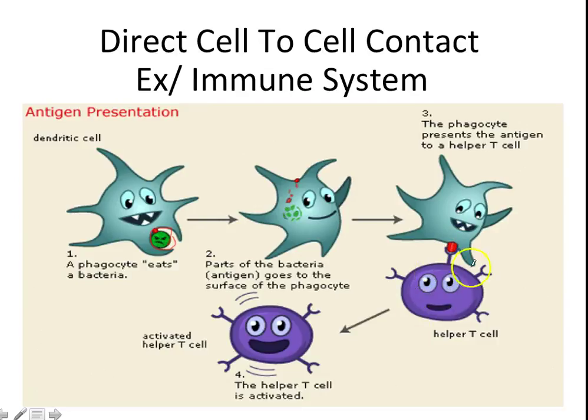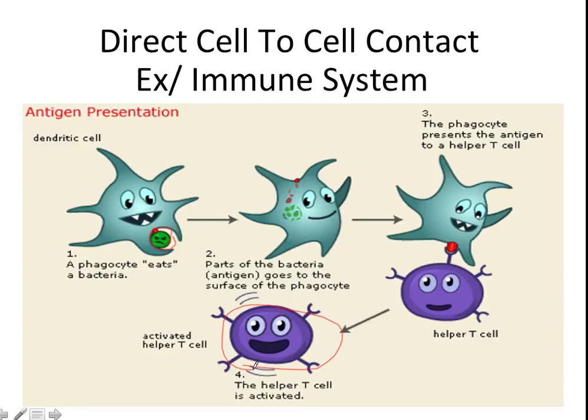Then a helper T cell is going to come and latch on to the phagocyte and figure out the shape of the bacteria. Once that helper T cell comes into direct contact with the phagocyte, it's activated, and the helper T cell now knows the exact shape of the bacteria that they're looking for.